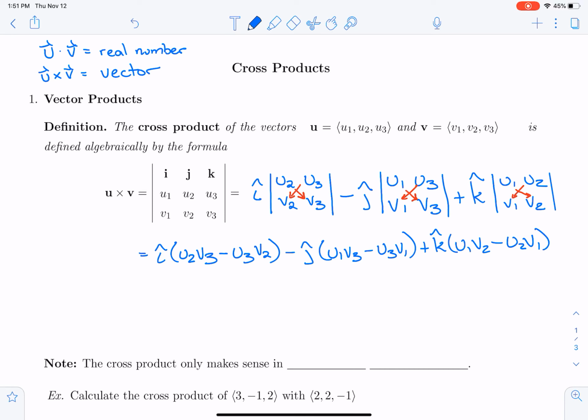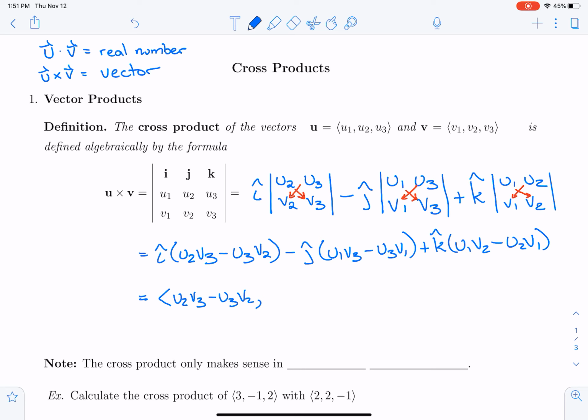And then what we want to do is interpret i hat as being the 1, 0, 0 vector, so that in components, the first component, 1, 0, 0, is multiplied by u2 v3 minus u3 v2. So the first entry in our vector is the coefficient of the i hat vector.